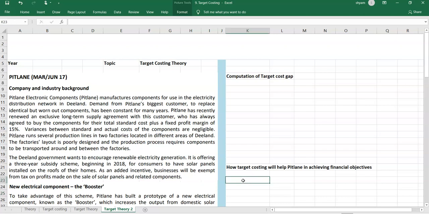Okay, so if you could see here, the company, we can put it as Pitlane.